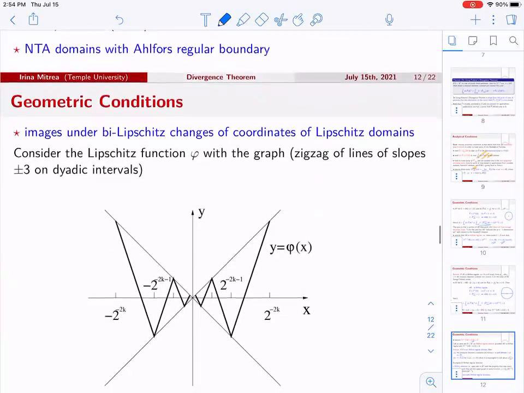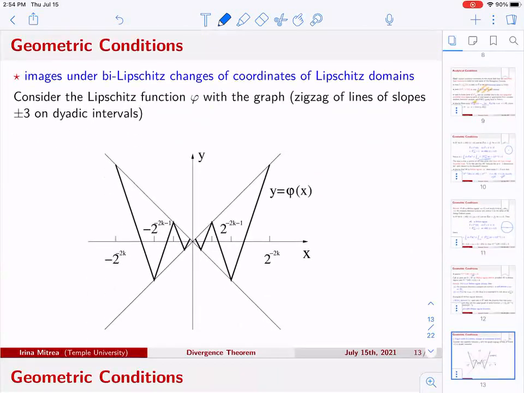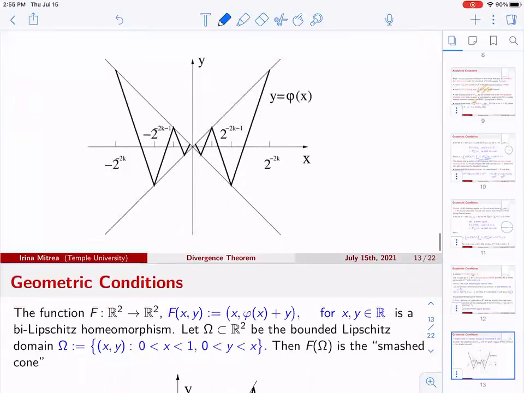And just to show you that this type of analysis takes you out of the class of Lipschitz domains, let me start with the following zigzag function. We consider the following Lipschitz function phi, which has the following graph: zigzag lines of slopes plus and minus 3 on dyadic intervals.